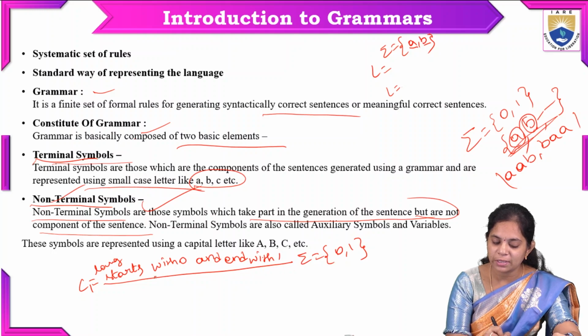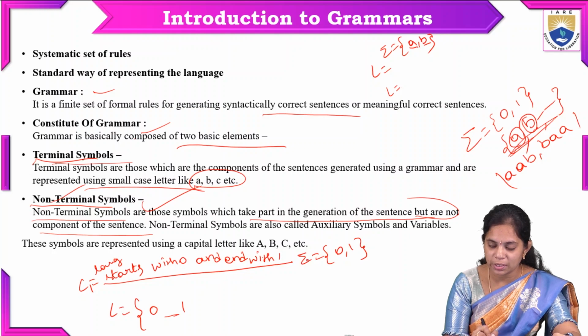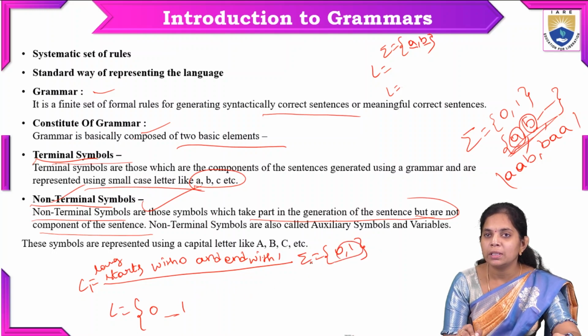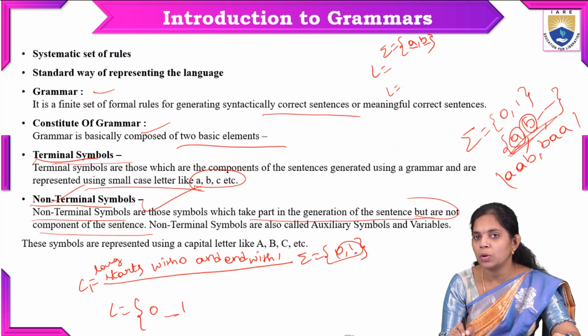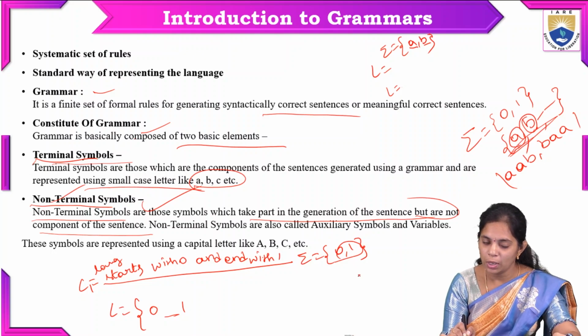With this language we will form strings that start with 0 and end with 1. In between, anything we can represent, because we have two input values. Not only 0, not only 1, whatever it is, we need to make a choice of these two options.